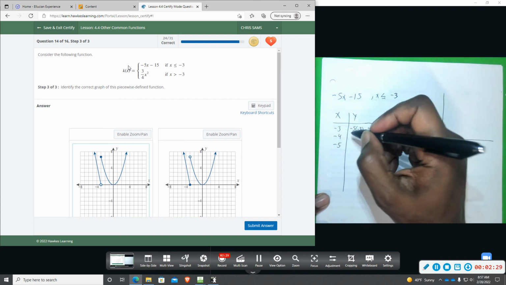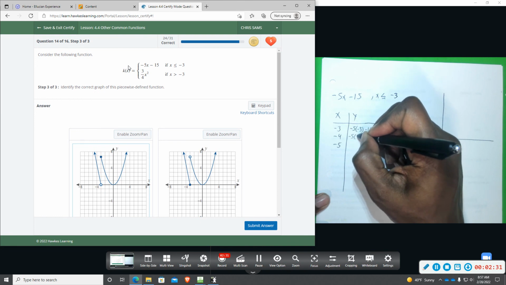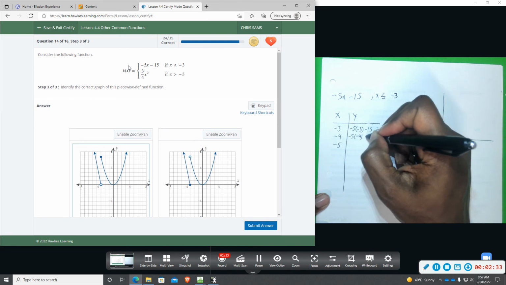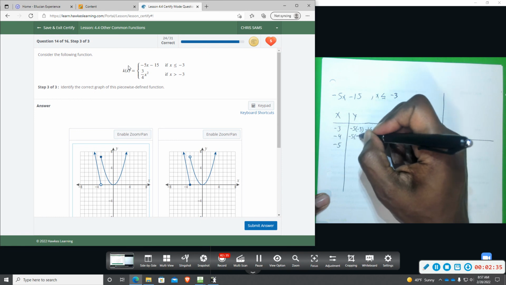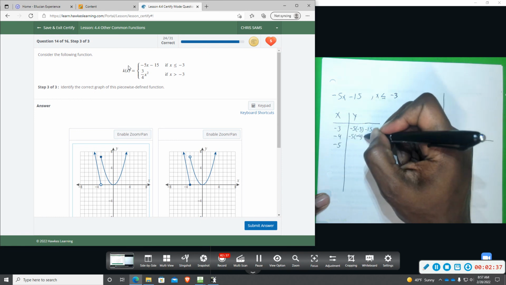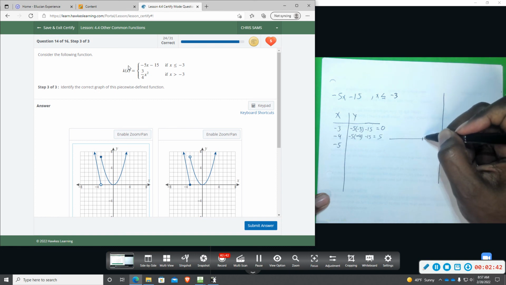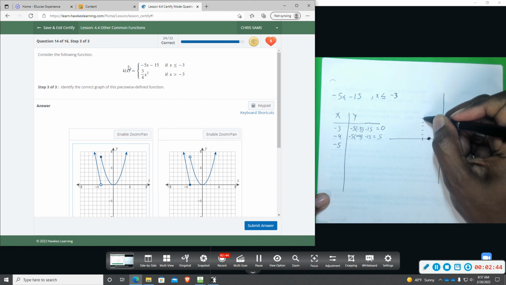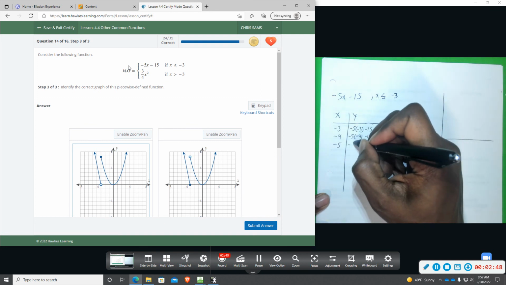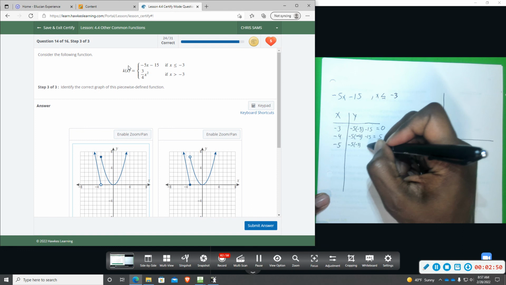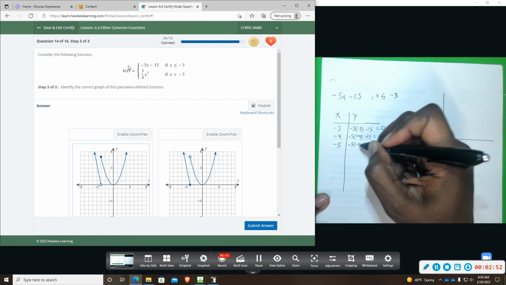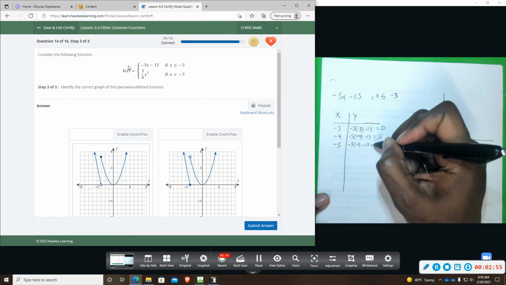And if I plug in -4, -5 times -4 minus 15, that's going to give me a positive 20 minus 15 is 5. So we're going to go -4 and then up 5. And then if I did -5, -5 times -5 minus 15, that will give us a positive 25 minus 15.